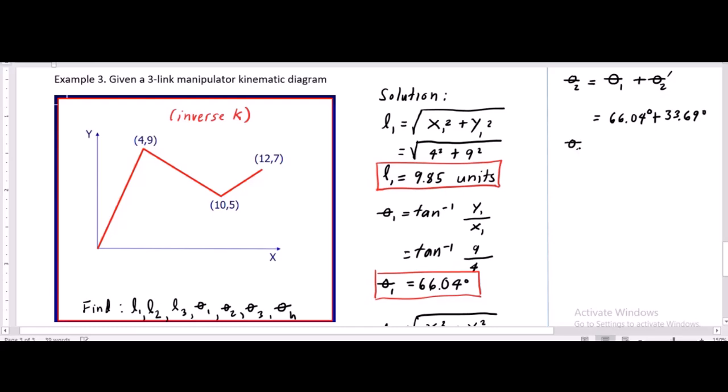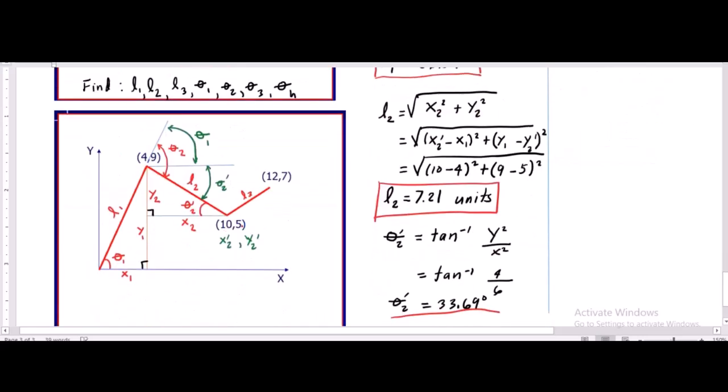Add all of it: 66.04 plus 33.69, we get 99.73 degrees. So this is the answer for the theta 2. So we are done with the length 2. Okay, let's proceed for the L3.